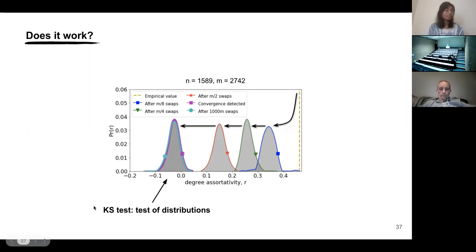If the chaos test is rejected, then the distributions at the point where convergence is detected and after 1000 M swaps are different. So our method detected convergence way too early, even before the Markov chain entered its stationary distribution. On the other hand, if the chaos test cannot be rejected, we say that our method accurately detected the convergence of the MCMC on its stationary distribution.